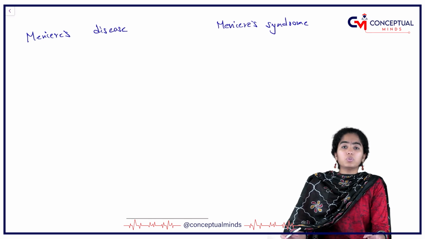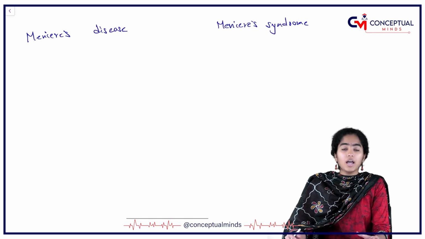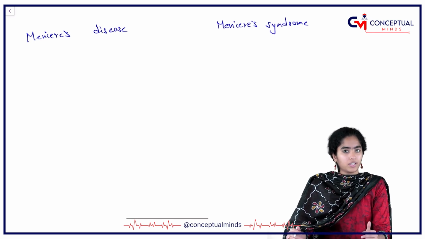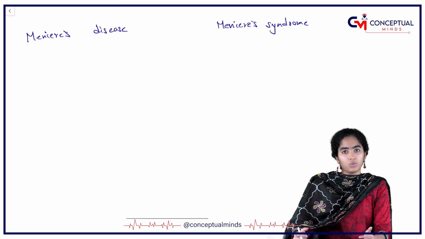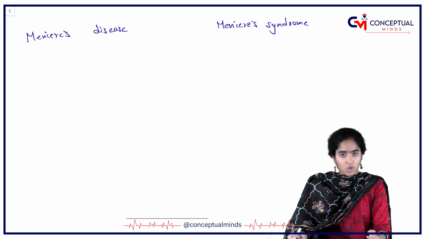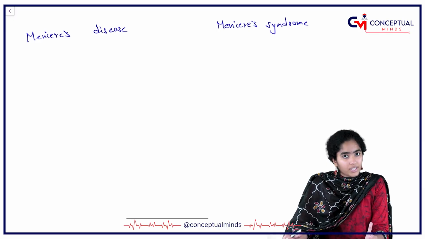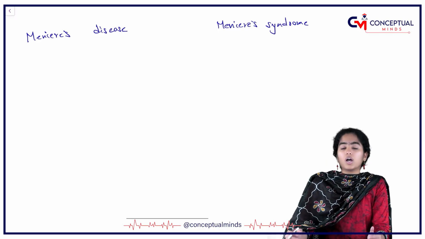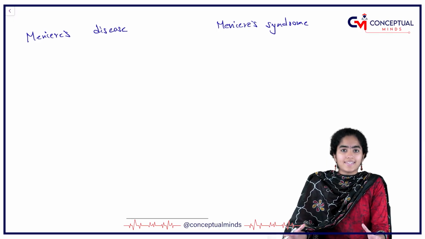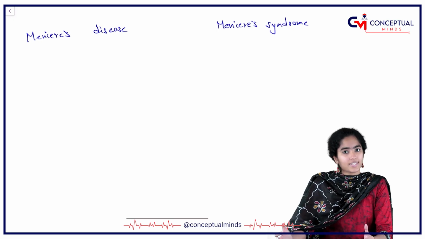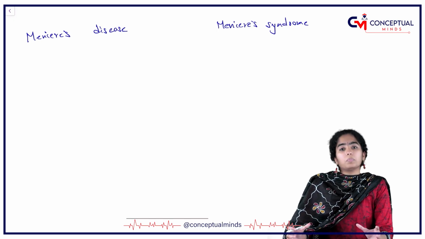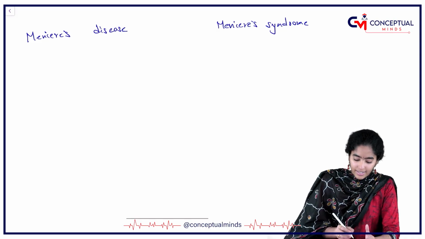We just have a few theories that are explaining, but why each of them is occurring we do not know. We know that it is because of some defective absorption of endolymph, but why is defective absorption occurring? We do not know. Or we know that it is because of increased production of endolymph, but why is that happening? We do not know. So, Meniere's disease is idiopathic.